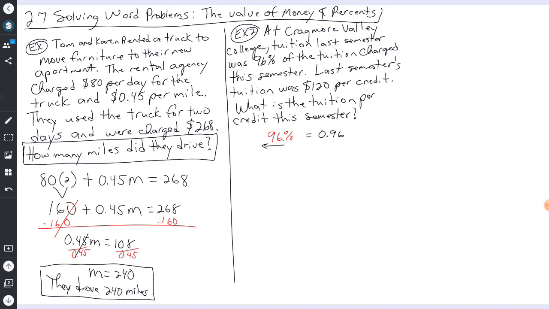What's our variable there? We're just looking for the tuition for this semester.